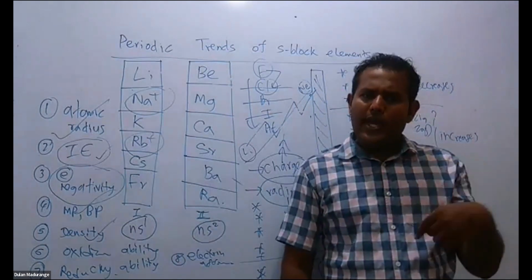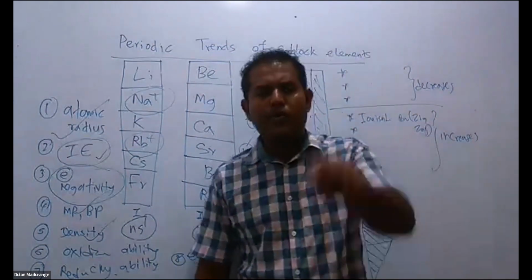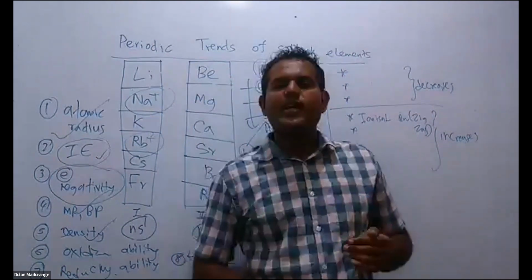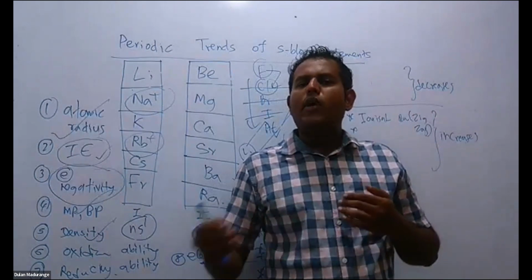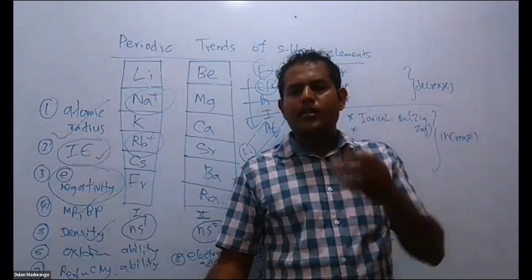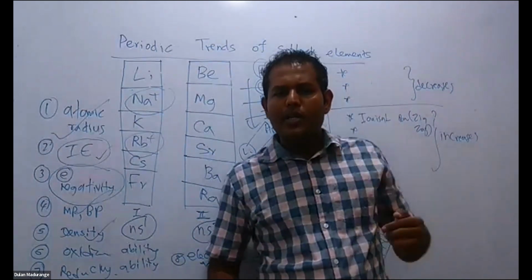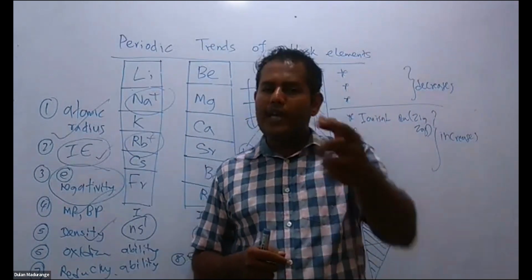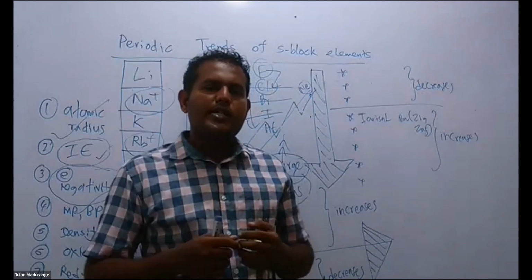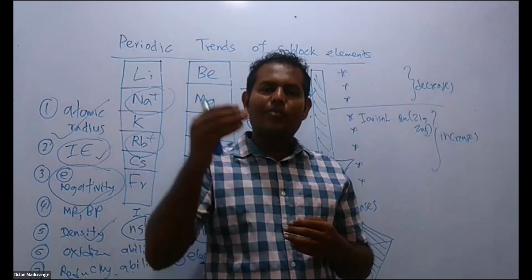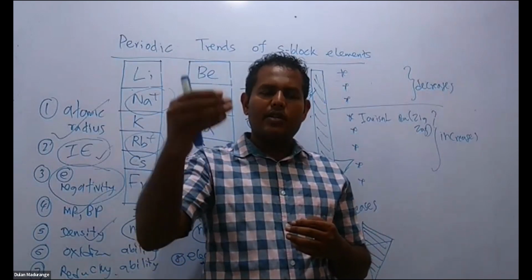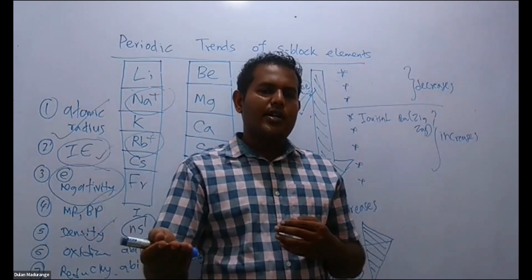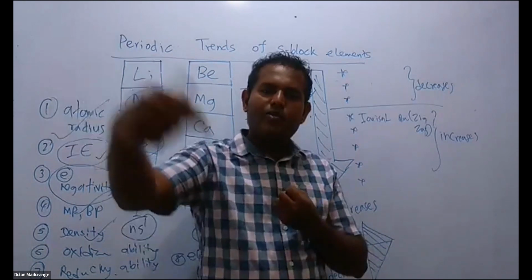In order to gain an electron, there should be support from the nucleus, isn't it? But when you move downwards the group, the backup from the nucleus is getting decreased. Why? Because you are adding electrons to the valence shell, and the distance between the nucleus and the valence shell is getting increased. Then can we say the nucleus will attract the final electron?